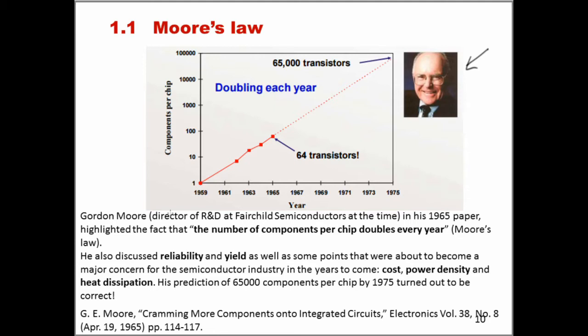So this is what we call Moore's law. It doesn't matter the chip or whatever you're dealing with. What is true, and that's what he realized, is that the number of components per chip doubles every year.